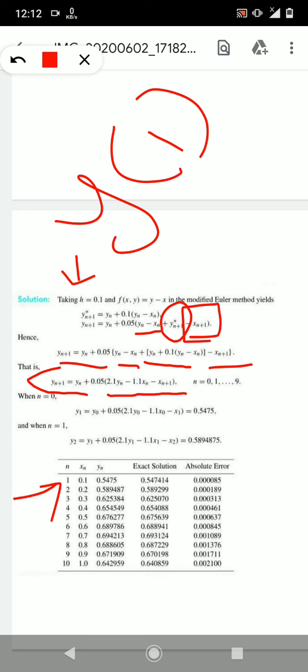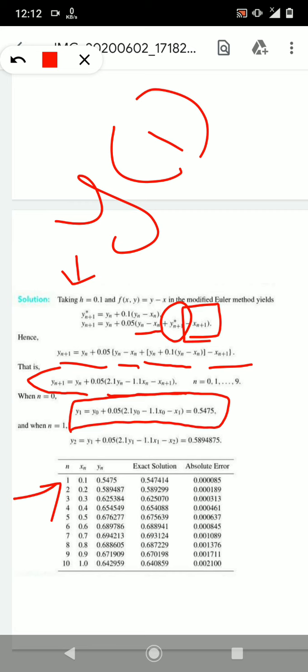First approximation: y1 is equal to, just replace y_n with y0 and x_n with x0, or substitute n equal to 0.